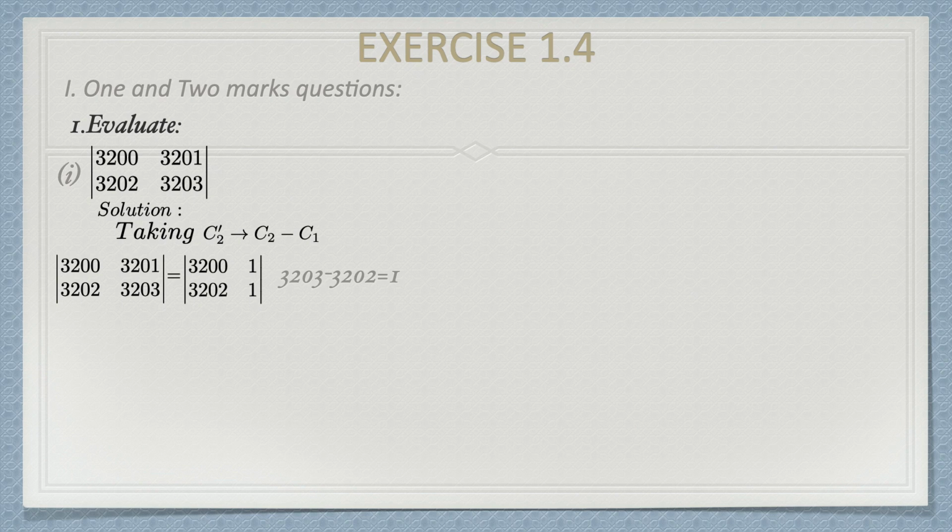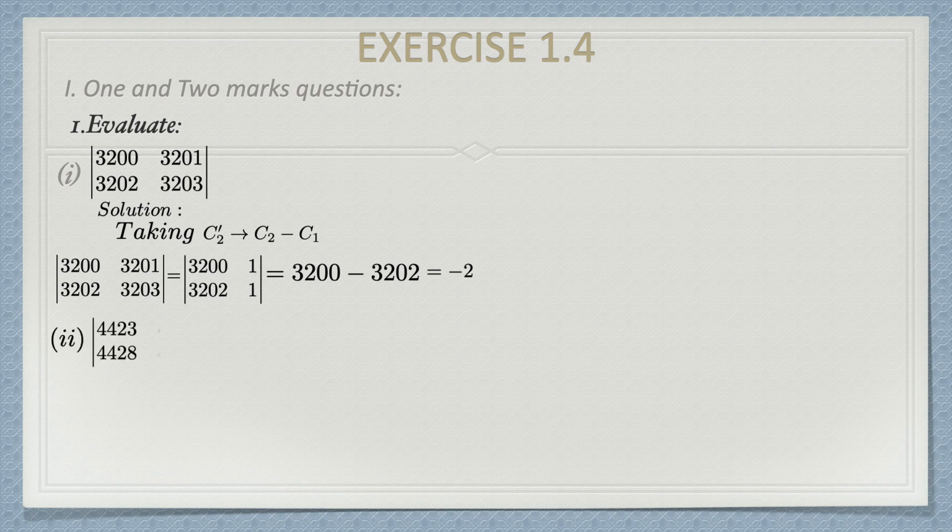If you subtract, we are getting 1. Now we know to simplify this determinant by multiplying 3200 into 1 minus 3202 into 1. By simplification, we get minus 2.